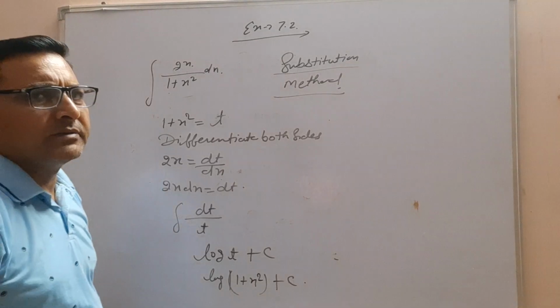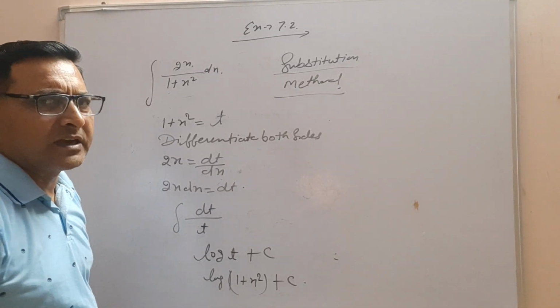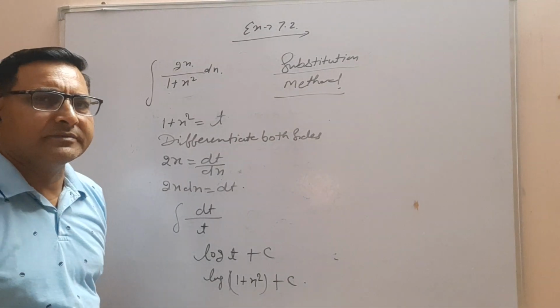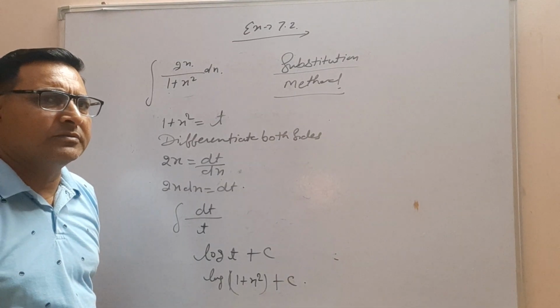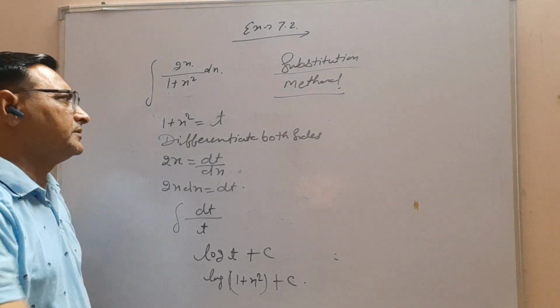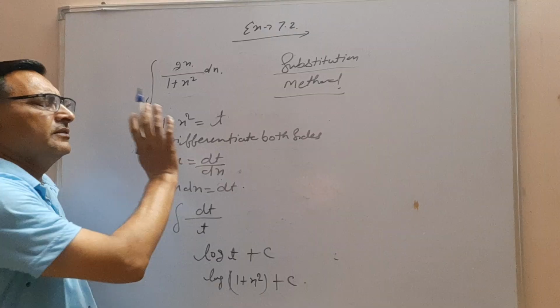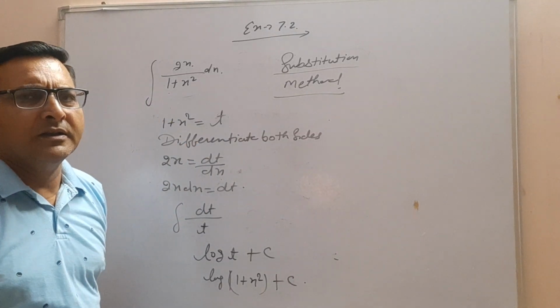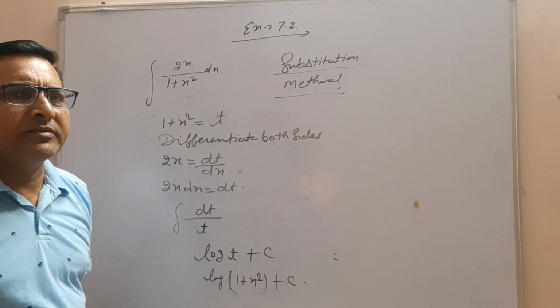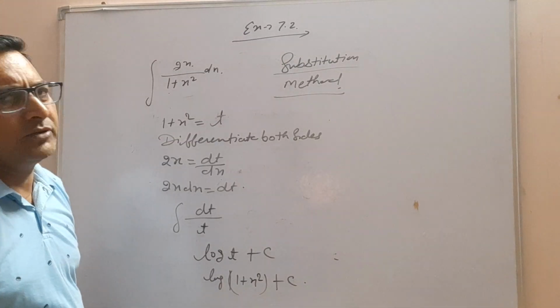In this substitution method, always you have to check for a function whose derivative is given, and you have to decide it, and then you have to put that function in the form of another variable, then differentiate both sides and get the value of the numerator.